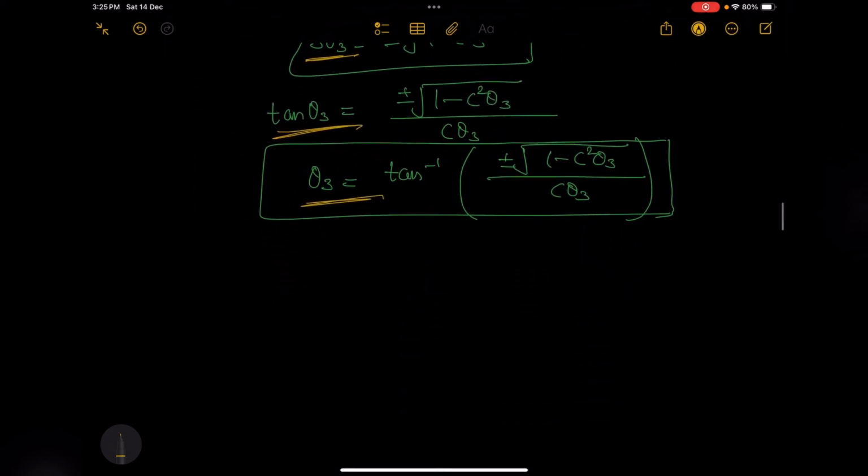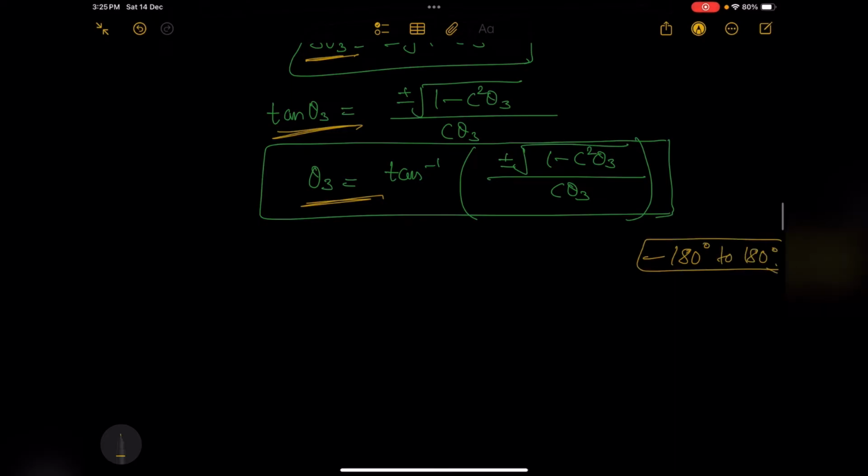So that my solution will be between minus 180 degrees and 180 degrees. If I use arc tan or atan2 in the C++ library or any Python library, my solution will always be between minus 180 and 180. And depending on the range of your robot, for example, if your robot can rotate a complete 360 degrees, then you can just add 2 pi to the solution if it crosses this range. So that is also easy.